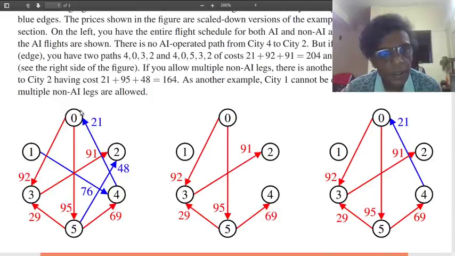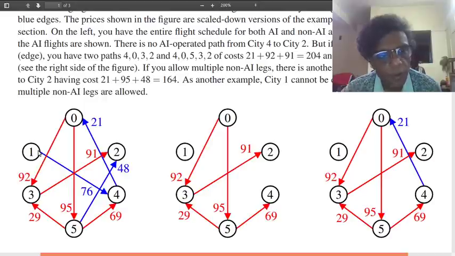Okay. So these AI flights are shown by these red edges. From city 0 to city 3, there is an Air India flight whose cost is something like 92, maybe 9200 or something like that. But some cities are not connected by Air India flights.